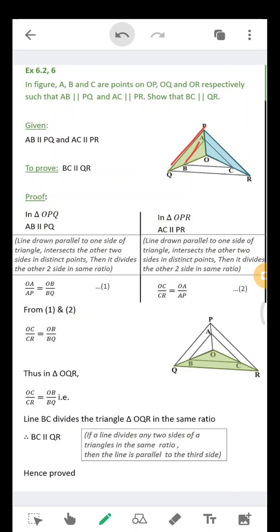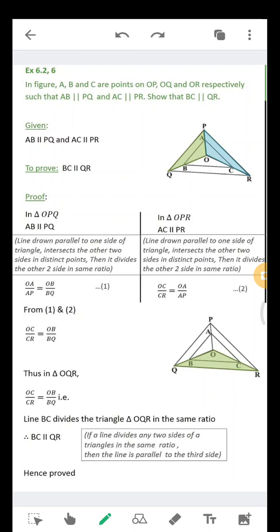So I can say that OA by AP is equal to OB by BQ. If a line is drawn parallel to one side of a triangle, then it divides the other two sides in the same ratio. You can write that statement here, or you can write by BPT also. So by BPT we have got OA by AP is equal to OB by BQ.